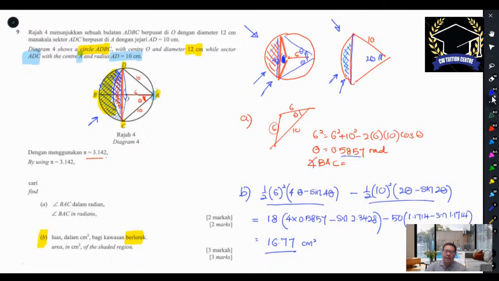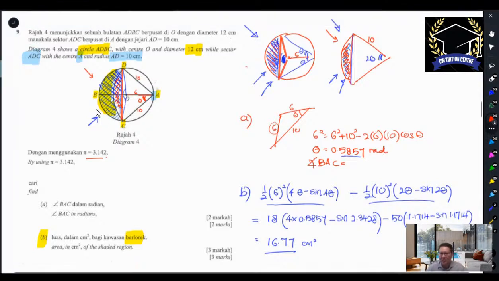Okay. I find the blue color here. Okay. I minus off the red color here. Okay. It's segment here, the blue color segment, minus off the red color segment. Okay, that's the first step. You need to understand the concept first.